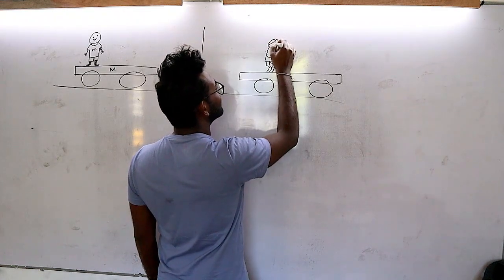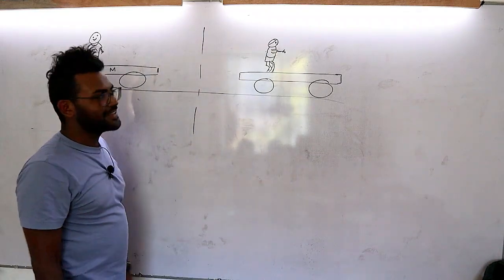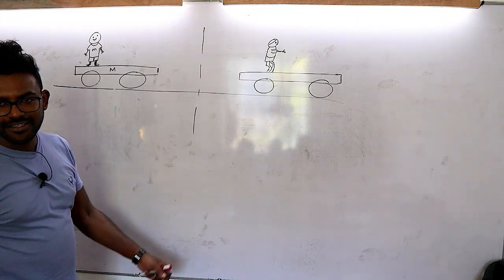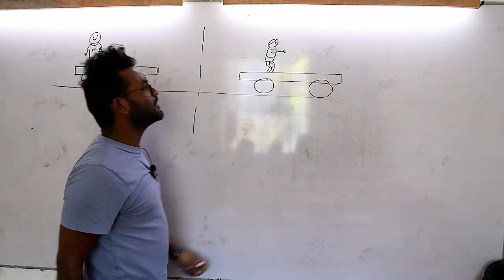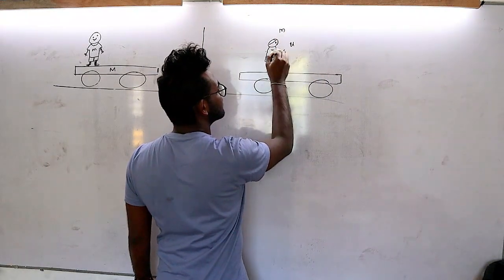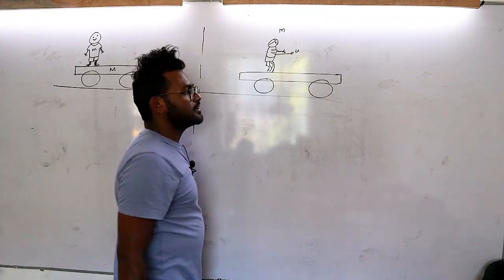Well, I'm not good at drawing human figures, right? Okay, so what this guy is doing is moving or walking to this side, the velocity u.